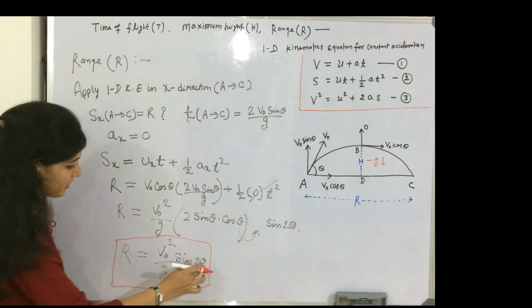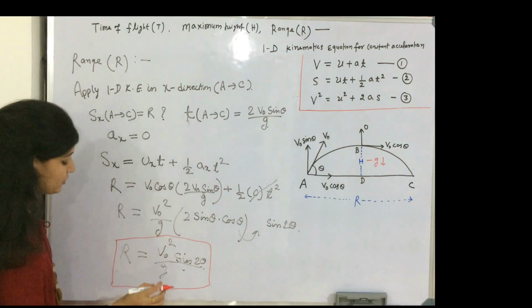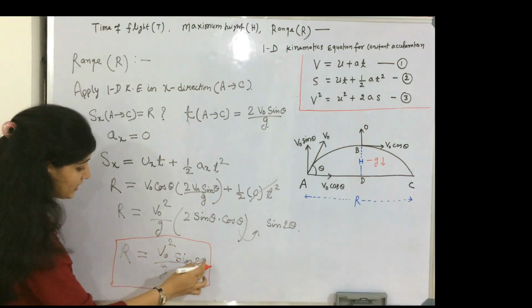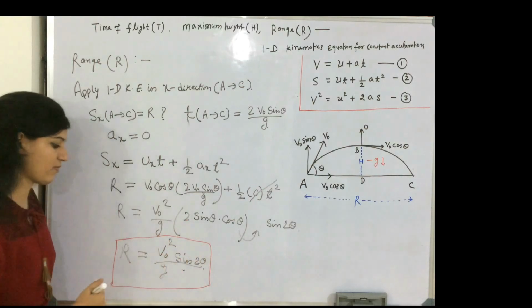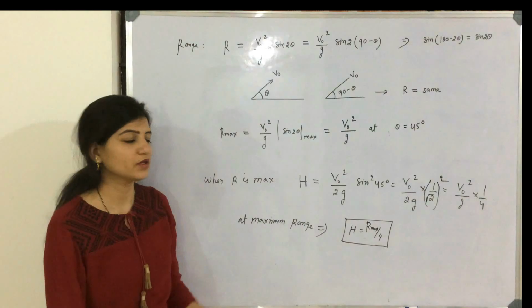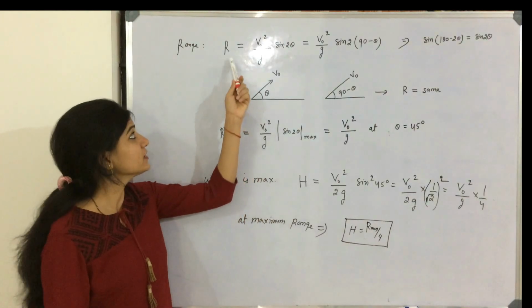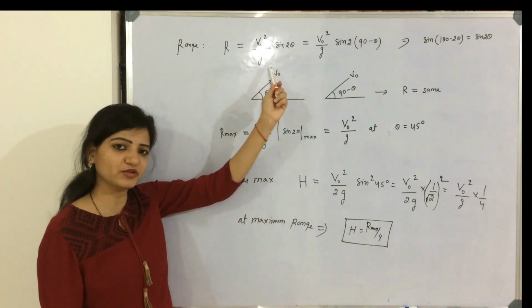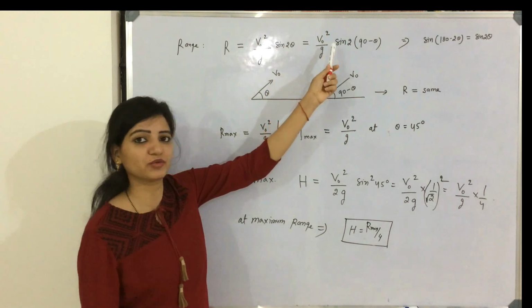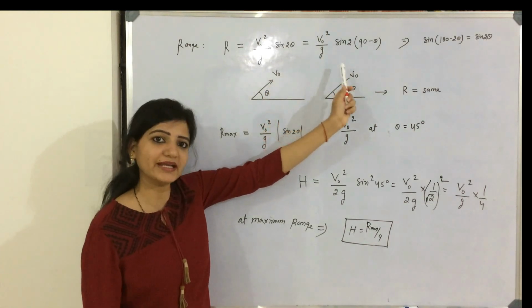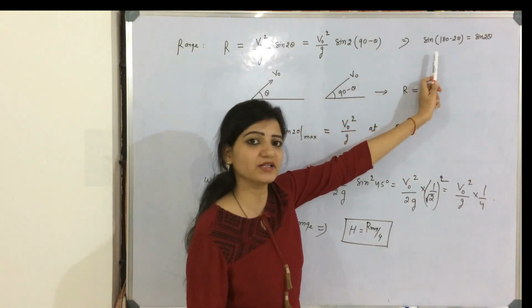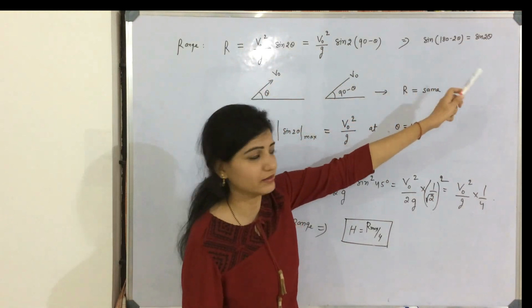So R will depend on angle of projection. For the given velocity, R will increase with increase in theta. We have derived the formula of range: R equals V naught square by g sin 2 theta. We can also write it as V naught square by g sin 2 into (90 minus theta). In trigonometry we know sin (180 minus 2 theta) is sin 2 theta.